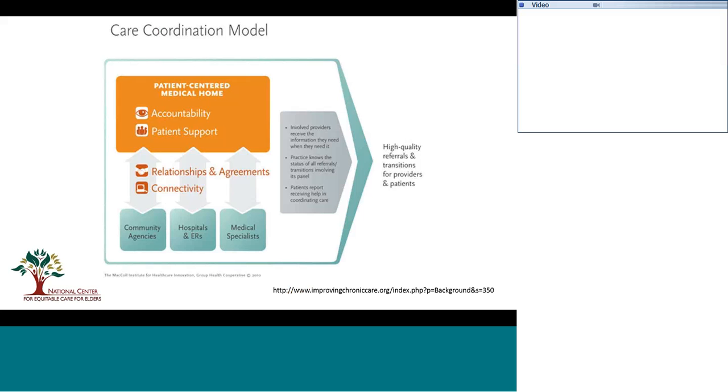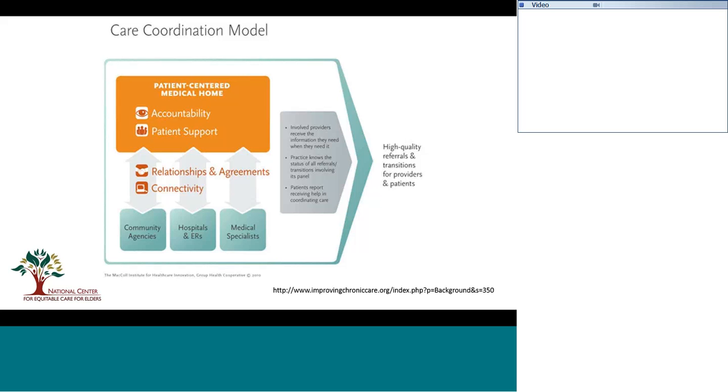This is an example of the McCall Institute for Healthcare Innovations care coordination model. This is based on a patient-centered medical home, and you can see how, under the patient-centered medical home, you have accountability and patient support, and that is linked with relationships and agreements and connectivity.